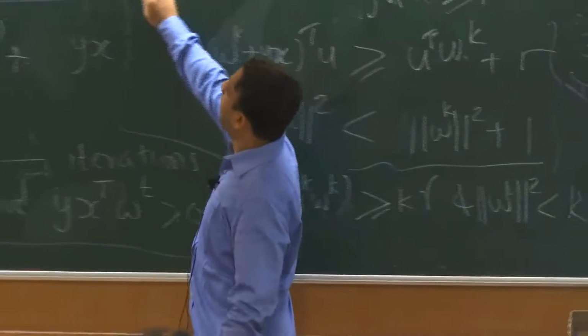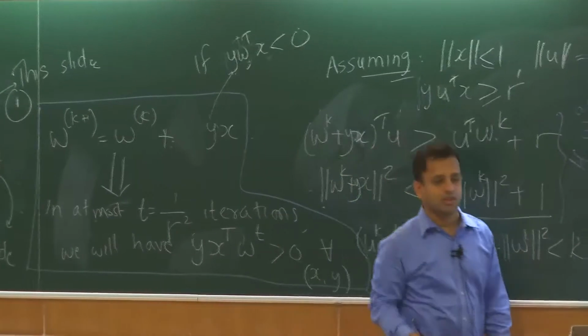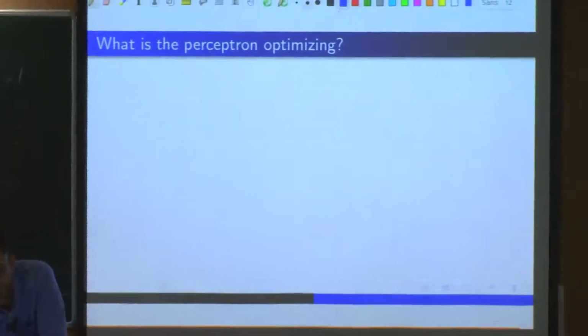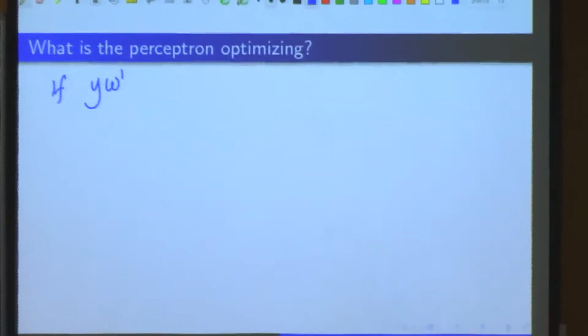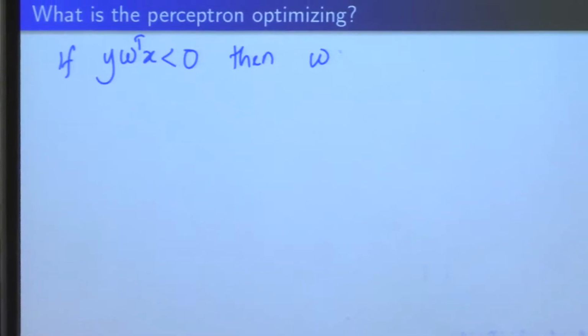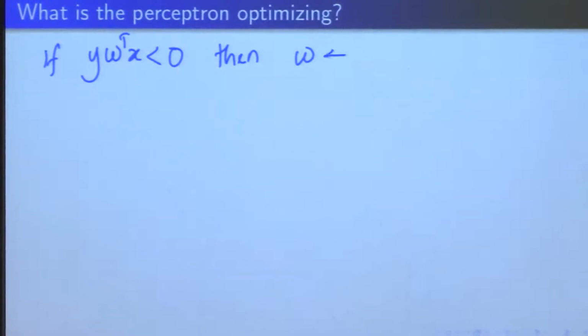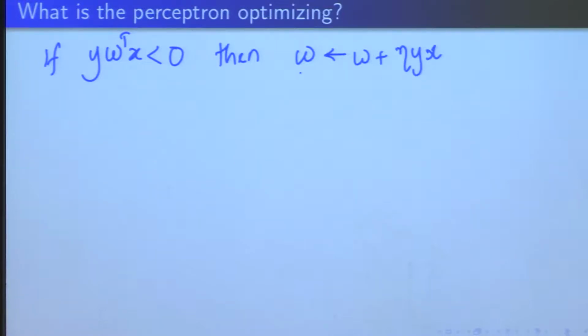So we are looking at: if y w transpose x is less than 0, then do this update, else W remains as it is.